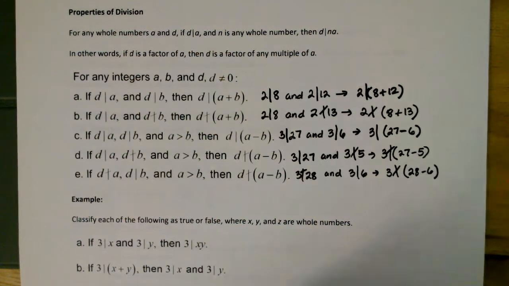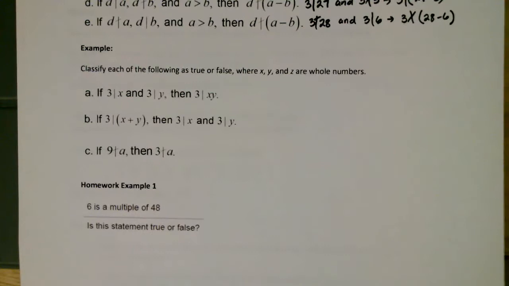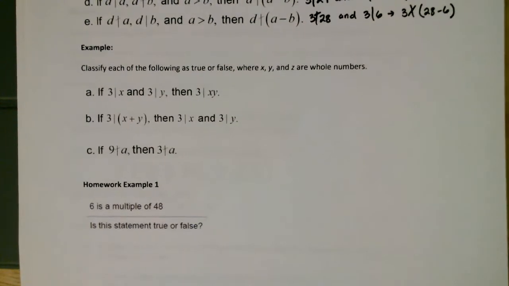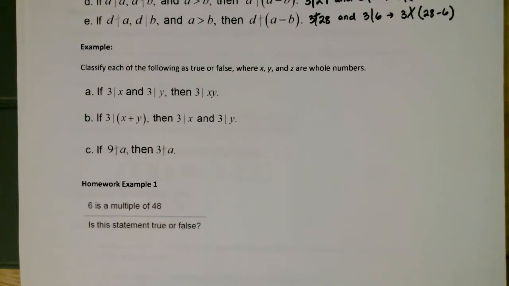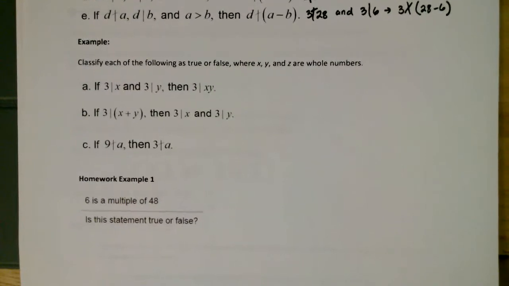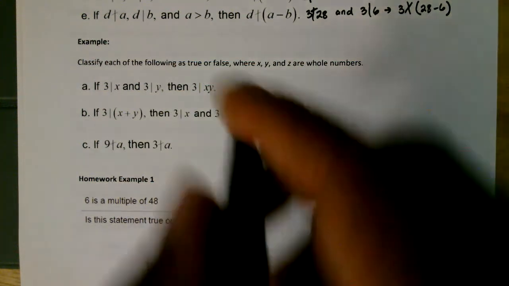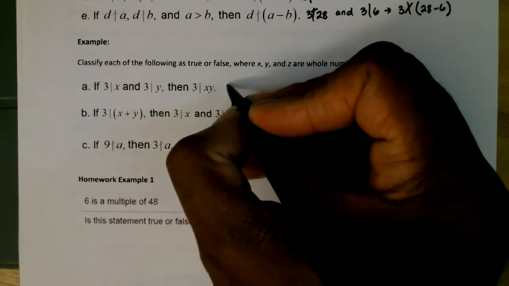All right. Let's look at some examples of this. Classify each of the following as true or false, where X, Y, and Z are whole numbers. All right, part A, if 3 divides X and 3 divides Y, then 3 divides the product of X and Y. This will be true.